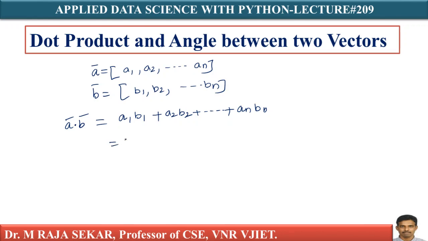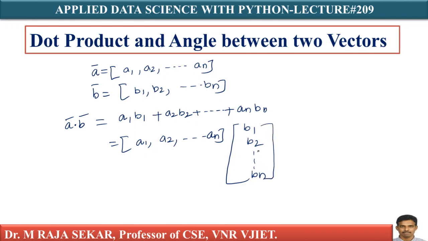This can be written as A1, comma A2, comma so on An, multiplied by B1, B2, so on Bn. Can I write like this? Yes. So I have a row vector and a column vector. A1, A2, An is a row vector, and B1, B2, so on Bn is a column vector.